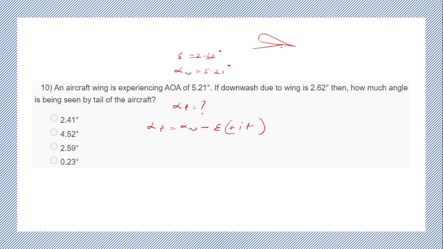It is reduced by the downwash angle, but your tail setting angle is positive if it's above, right? It will be plus IT. That's not in the question right now, so let's continue with this. Alpha wing is 5.21 degrees minus 2.62. What is the answer? 2.59 degrees.